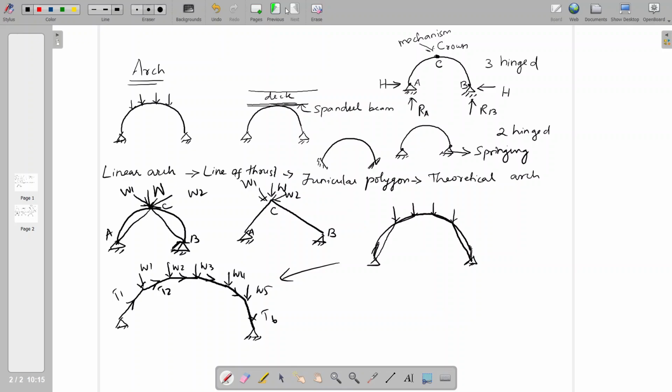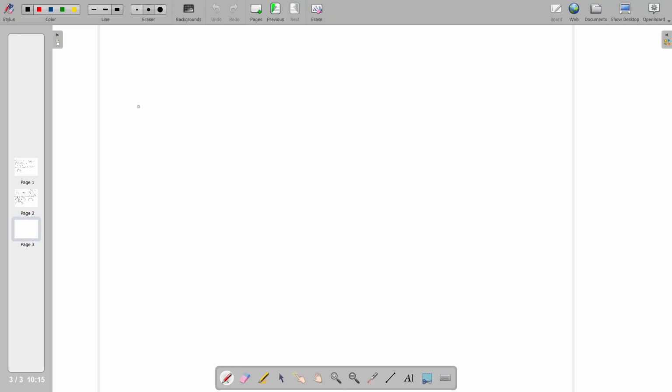In arches, we are going to calculate. I am going to first of all explain with the three hinged arch because it is comfortable for the calculation.